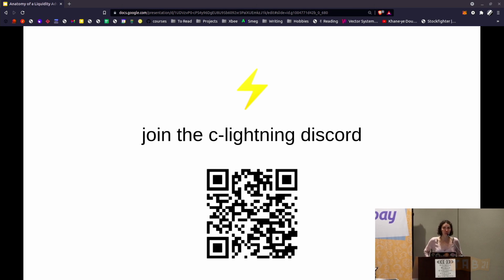Okay, so the question is, what does PPM stand for? That is a Lightning Network term. PPM is parts per million. It's kind of like a percentage rate. It's how much you would pay in fees for every million millisatoshis that goes through a channel.